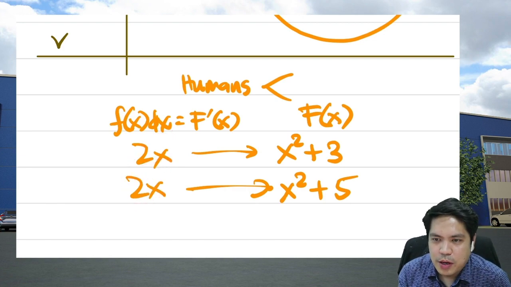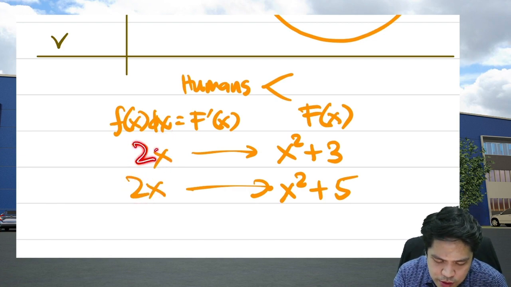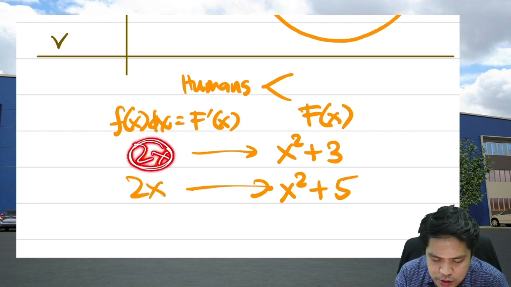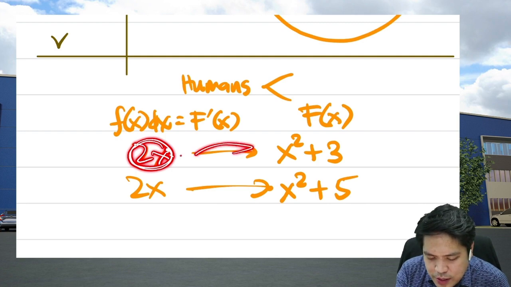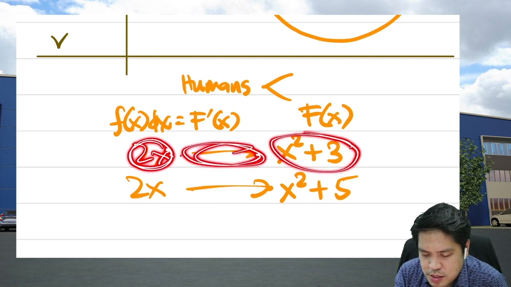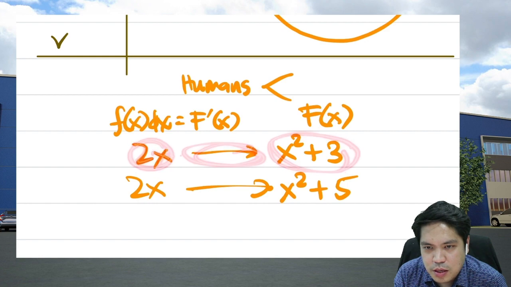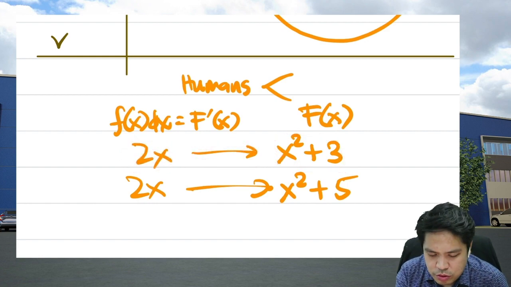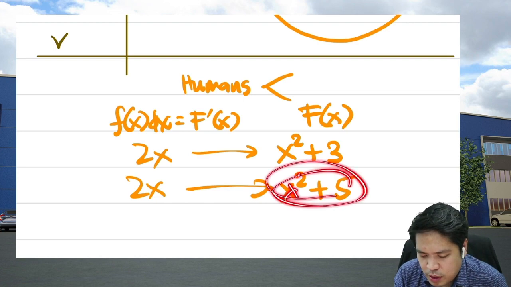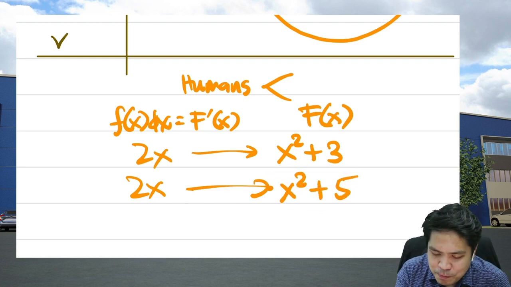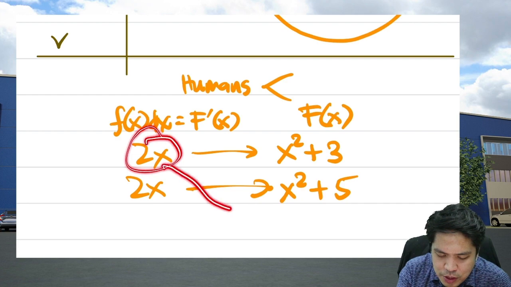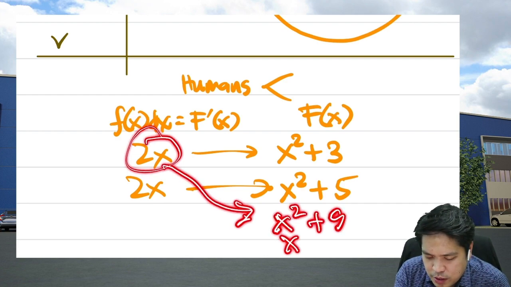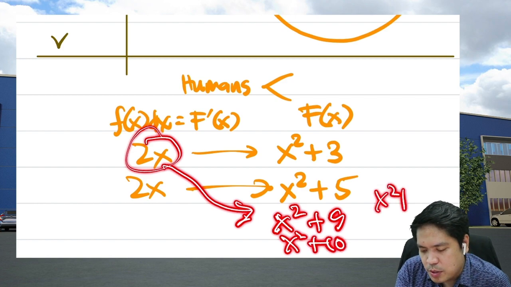So this 2x is like the cells I mentioned earlier. But when we integrate it, it could be x squared plus 3. The same 2x, when we integrate it, could also be x squared plus 5. I mean, the integral of 2x could also be x squared plus 9, x squared plus 10, x squared plus 100.